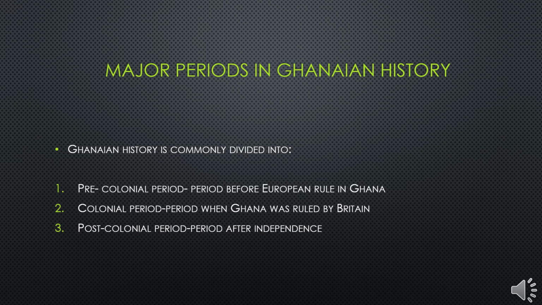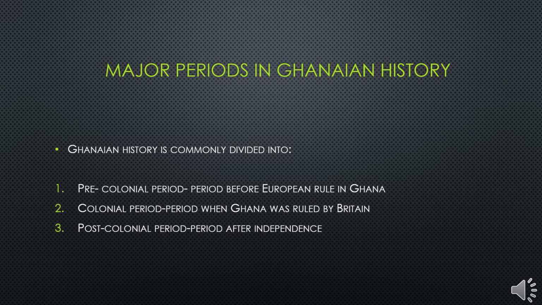This period was also marked by significant cultural, social, and economic changes that shaped the course of Ghana's history and development, and it is a crucial period to study and understand for anyone interested in the country's past and present.